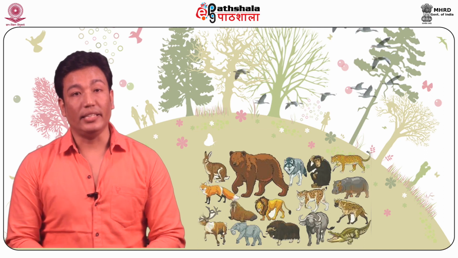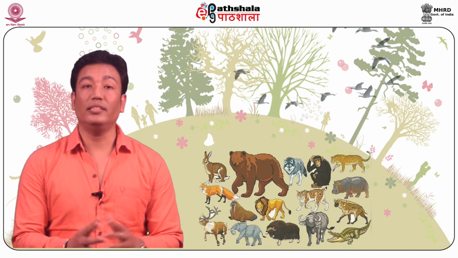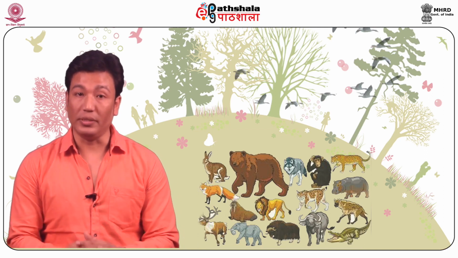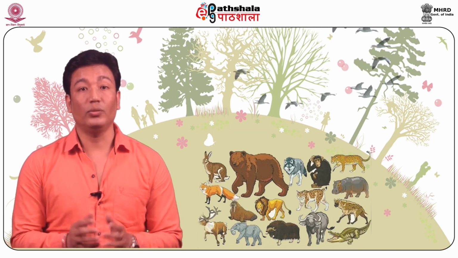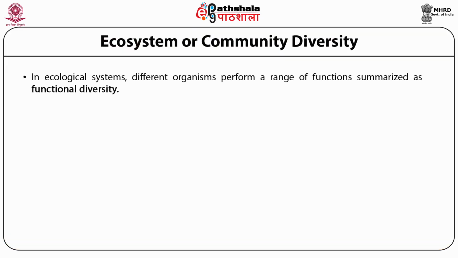In 1998, Hooper suggested that the extent of functional differences within the species pool should be studied to better understand the functional diversity. In ecological systems, different organisms perform a range of functions, summarized as functional diversity.